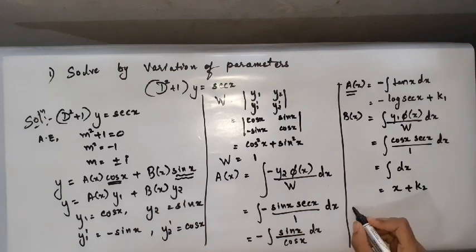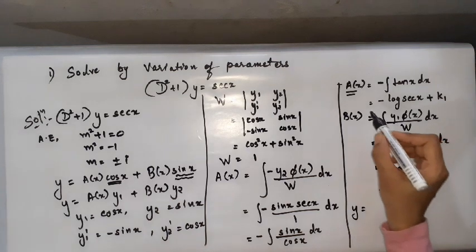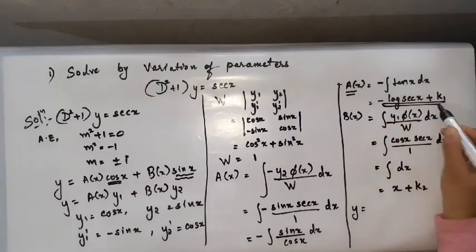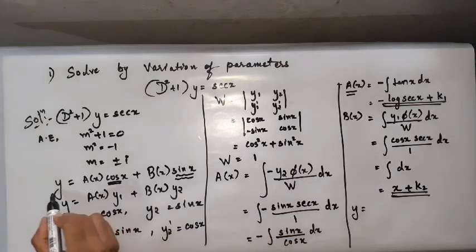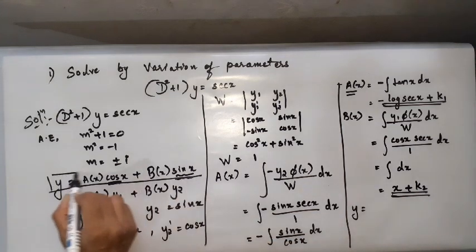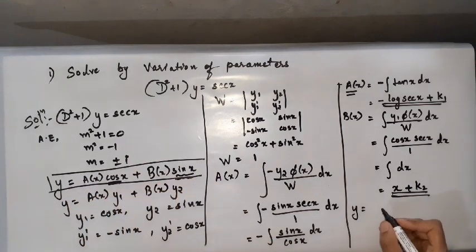So let us write the final answer. Y is equal to, you have found a is over here, b is here. We will substitute the values for a and b in this equation now. So y is equal to, what is a?